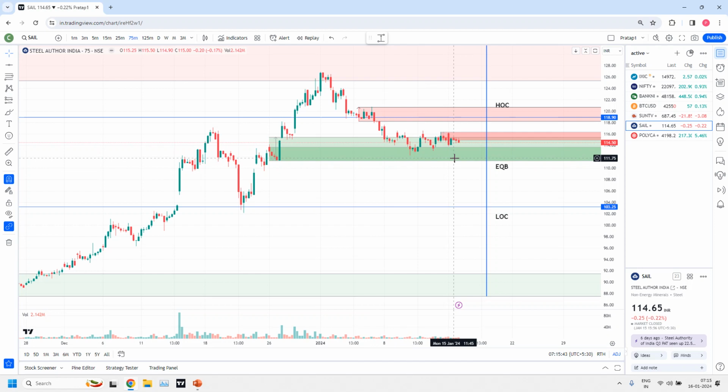But as of now, as per the decision making table, this 75-minute zone is an eligible zone for taking the long trade. Provided risk also should support RR.